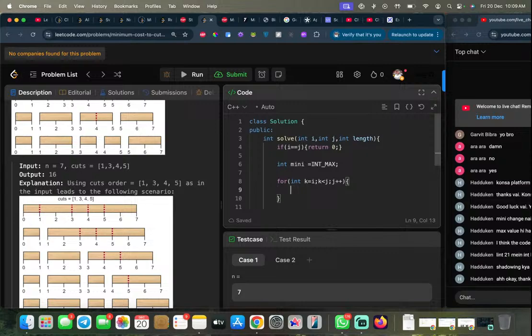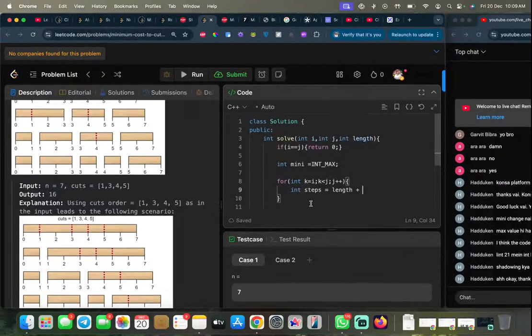Steps is equal to length plus this portion of the array.